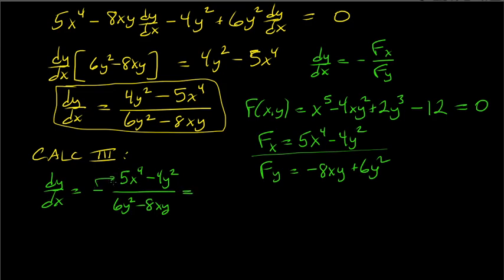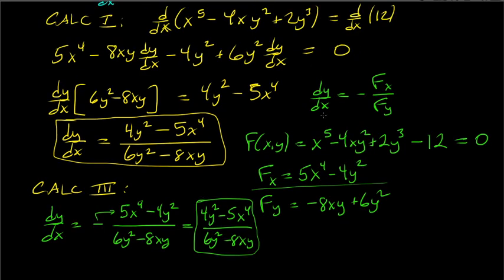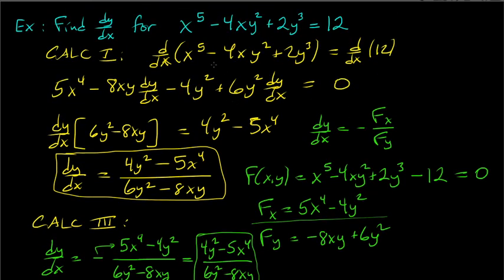If you distribute the negative to the numerator here, you do get positive 4y squared minus 5x to the 4, all divided by the same denominator, 6y squared minus 8xy. So, yeah, not exactly that much easier, but it's something you should get used to.